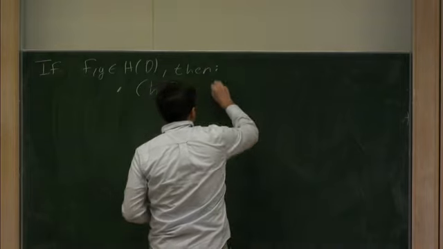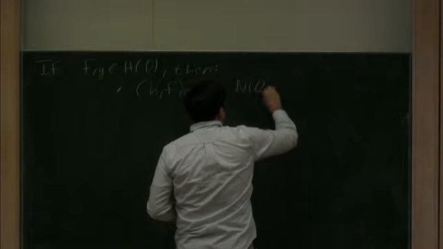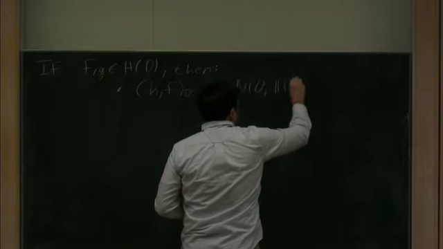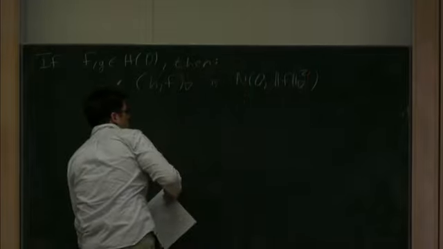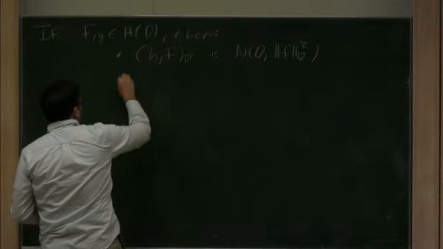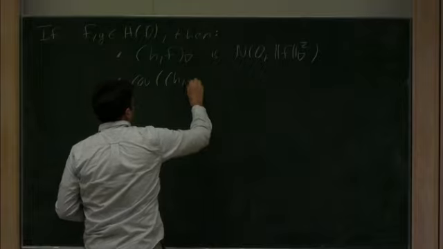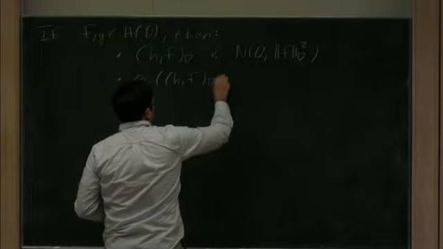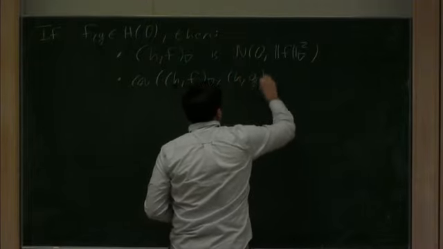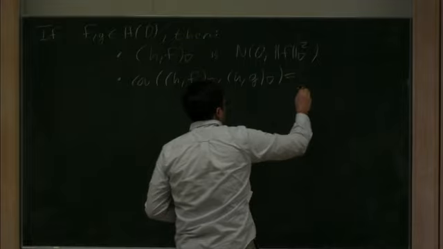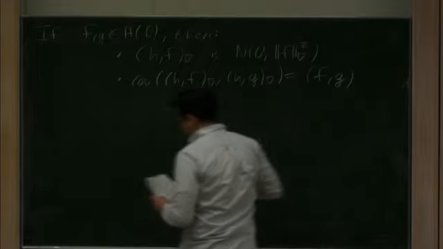And this is going to be a normal random variable with mean 0 and variance given by the norm of f squared. And moreover, we calculated the covariance of these two Gaussian variables that you get when you take the inner product of h with f and h with g. And this is just given by the Dirichlet inner product of f and g.